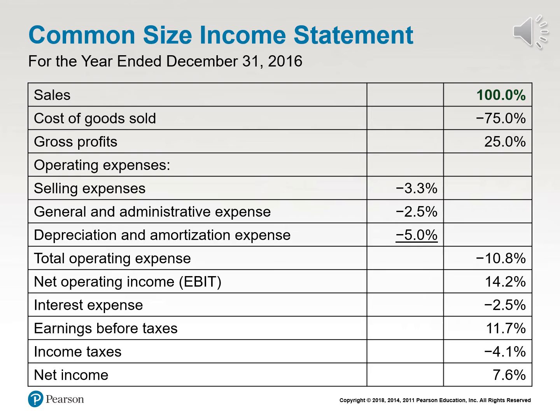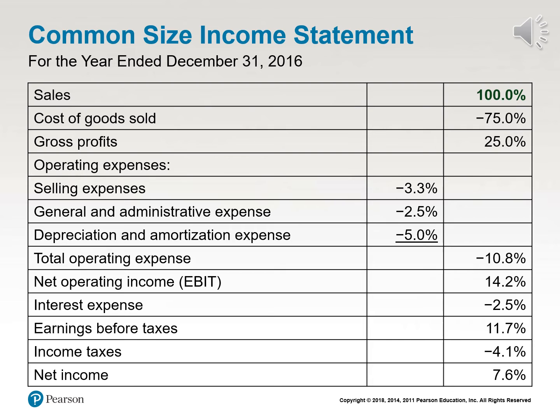Common size financial statements are one way that we prepare numbers so that we can compare them easily with previous years, competitors, and other companies in the industry. Here's a common size income statement. A common size income statement is an income statement in which each line item is expressed as a percentage of sales.